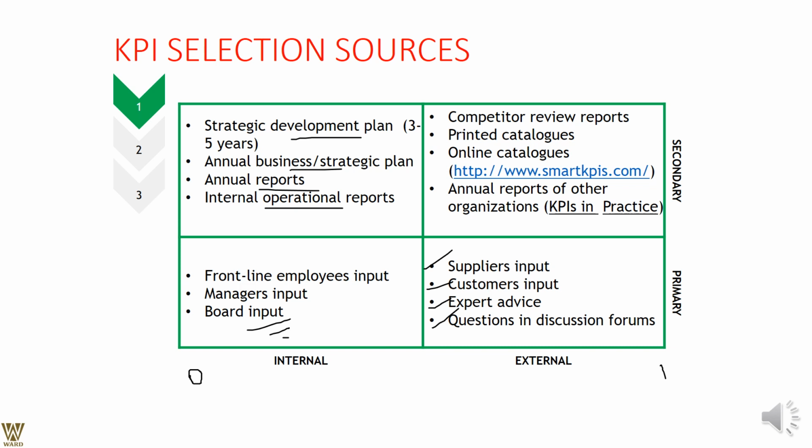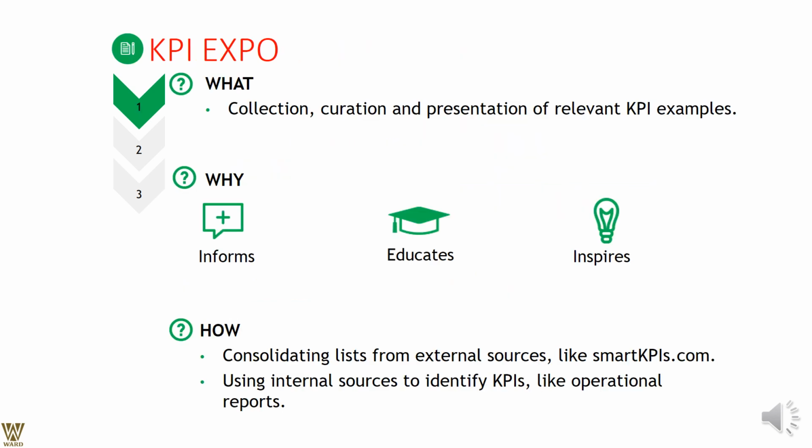We will be talking about everything with respect to this orientation as far as the catalogs are concerned, be it printed, be it online. Now, these are all your secondary data that need to be collated and probably figured out as far as your organization is concerned. Again, one of the websites that I've given you for you to understand is smartkpis.com. Please visit it for further details.